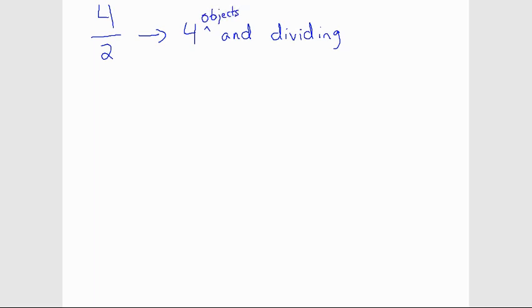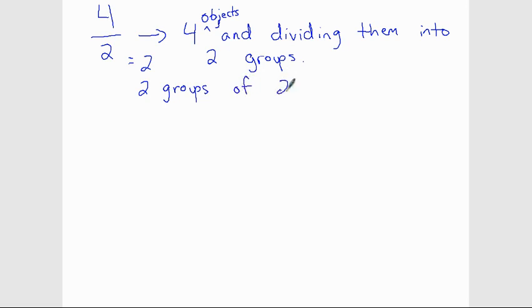We're dividing them into 2 groups, okay? And then, how much is in each group? Well, this would be 2, and so this would be 2 groups of 2. This is the basic idea of what division is.